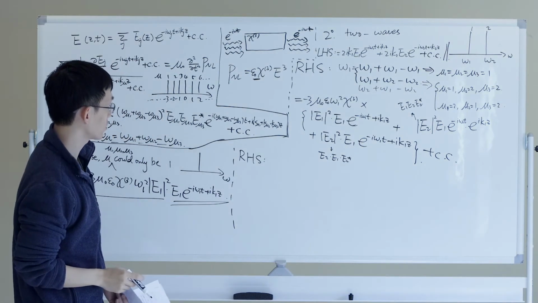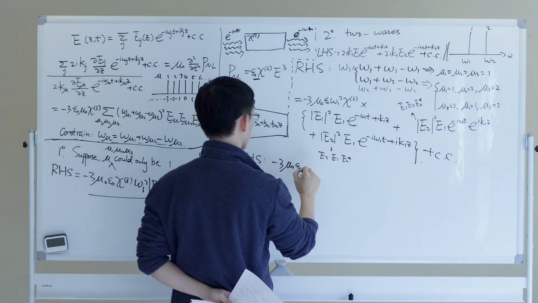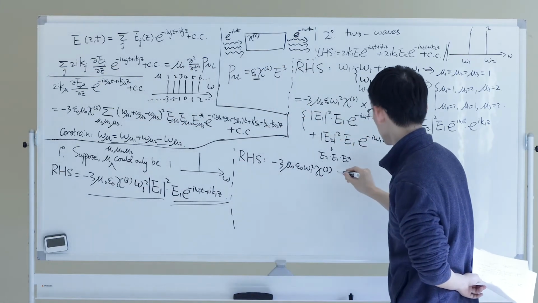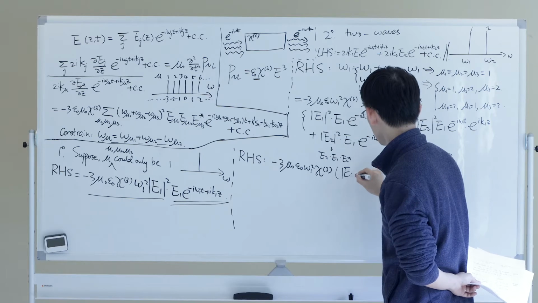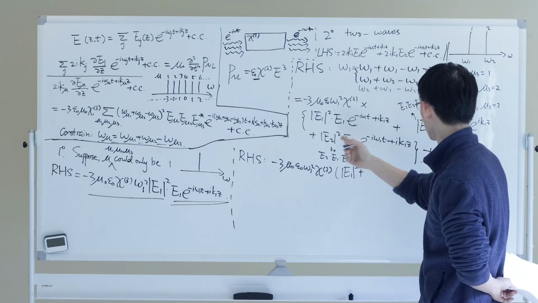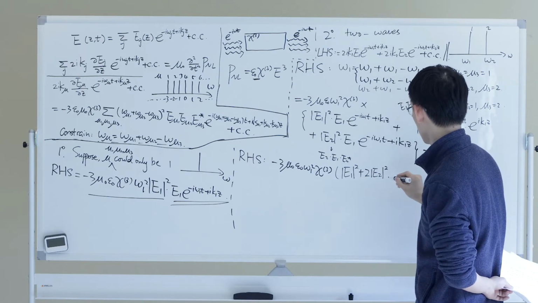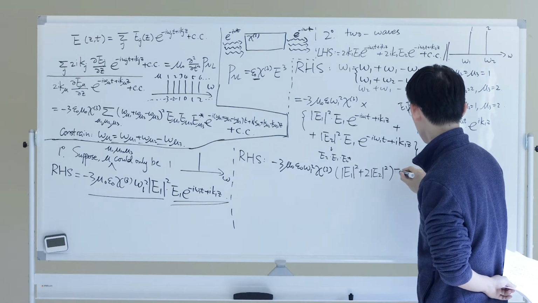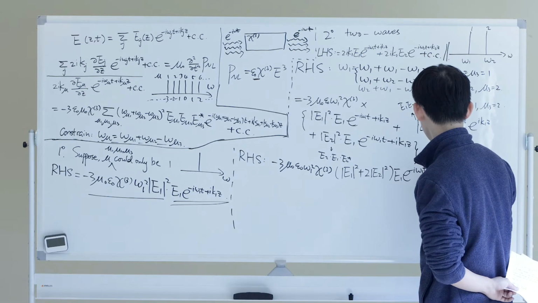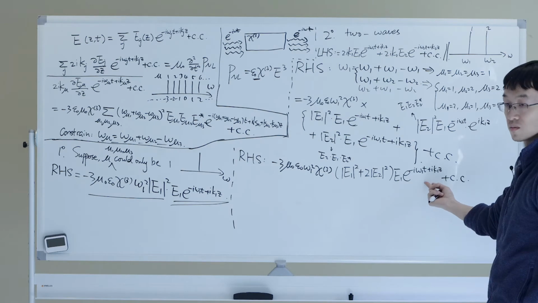So on the right-hand side, what we have is minus 3 mu naught epsilon naught omega 1 square chi 3, times E1 amplitude square plus 2 of the E2 amplitude square, times E1 e to the minus i omega 1 t plus i k1 z plus c.c. So this is just for the omega 1 term.